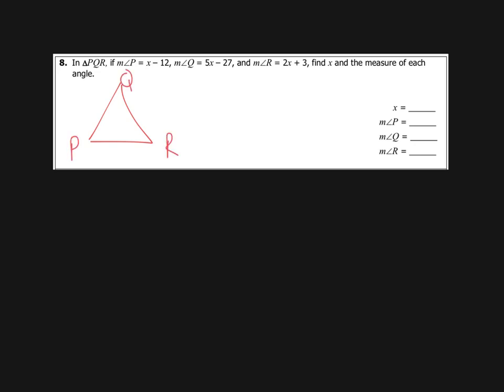And then, now that I have that there, it says angle P is x minus 12. So that's right here. And then angle Q is 5x minus 27. So that's right here. And angle R is 2x plus 3. That's right there. So this is really no different than the other questions.